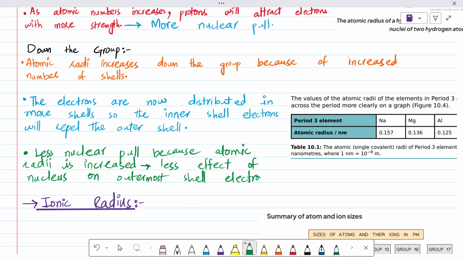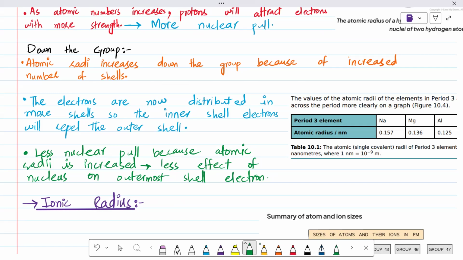I am saying that with the increase in shells, the atomic radii is increased, and when the atomic radii is increased, the outermost shell is far apart from the nucleus. When the outermost shell is far apart from the nucleus, the nucleus has less effect on the outermost shell. The nuclear pull is less now. That is why we say that down the group atomic radii increases. Clear?